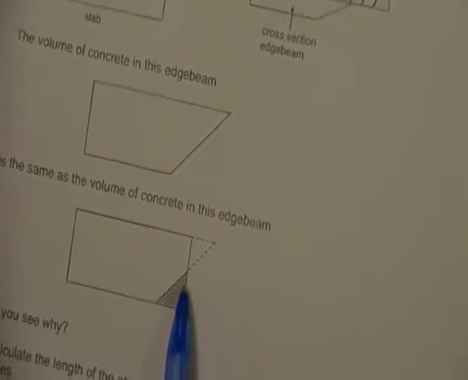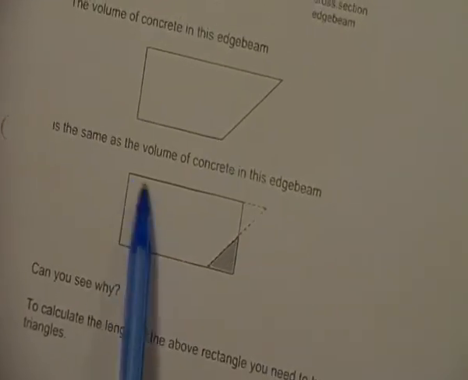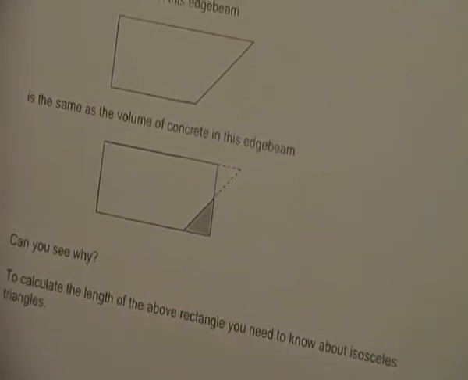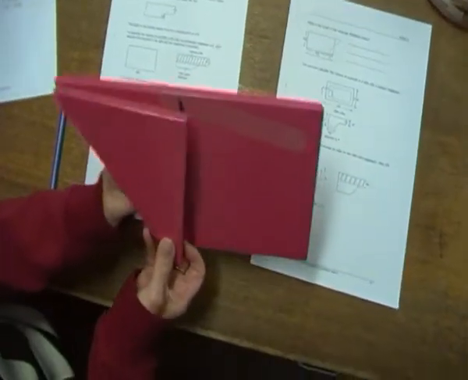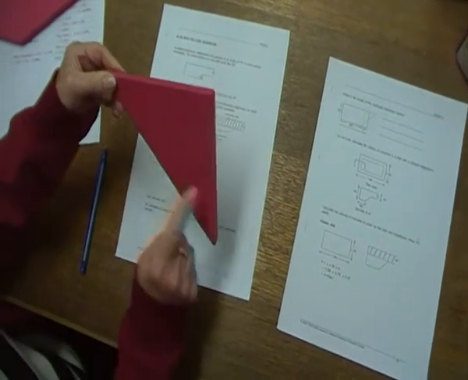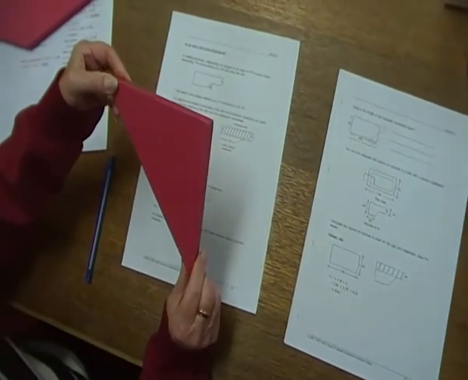But in reality, we can make it into a rectangle, and there's a way we can use our extra triangle here. I've got an edge beam, and we actually have a triangle forming. So we're going to use what we know about triangles to work out the calculations for this edge beam.